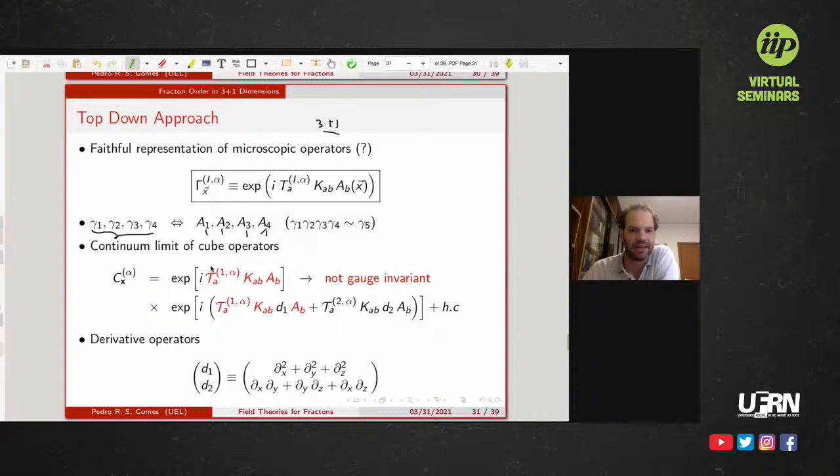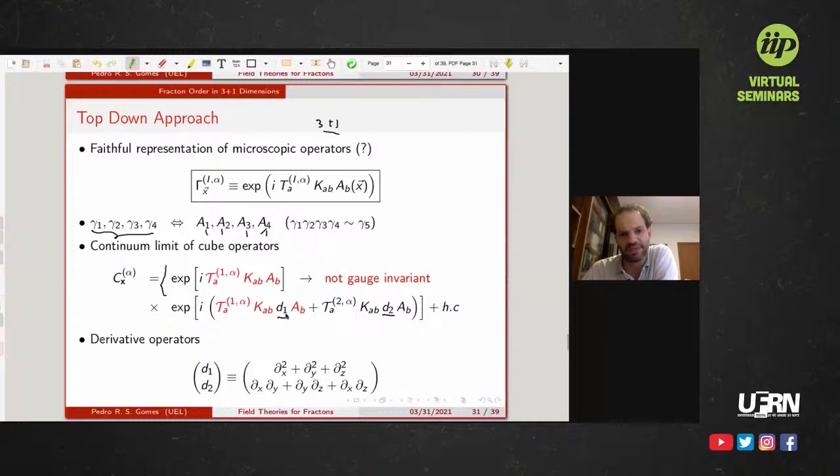And the result is a little bit strange because of the presence of this term here, this is the zero order term in the continuum limit expansion. And you see that there are no derivative operators here, and consequently, it is not gauge invariant. The first order terms vanish, and we have here the second order terms, right?